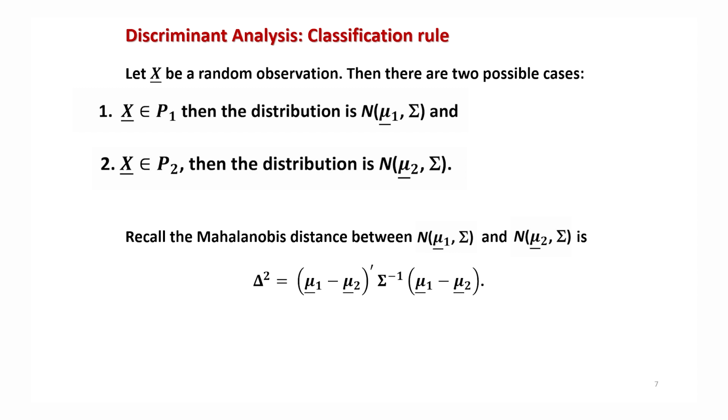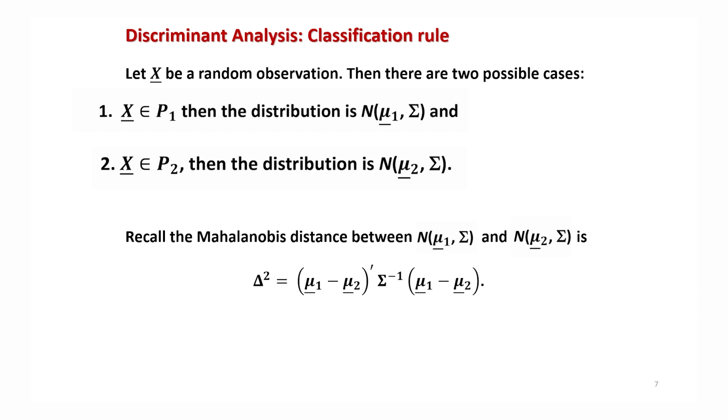Before we move forward, let me give you one more idea. Can you recall the concept of Mahalanobis distance that we did in testing of hypothesis in the multivariate case?